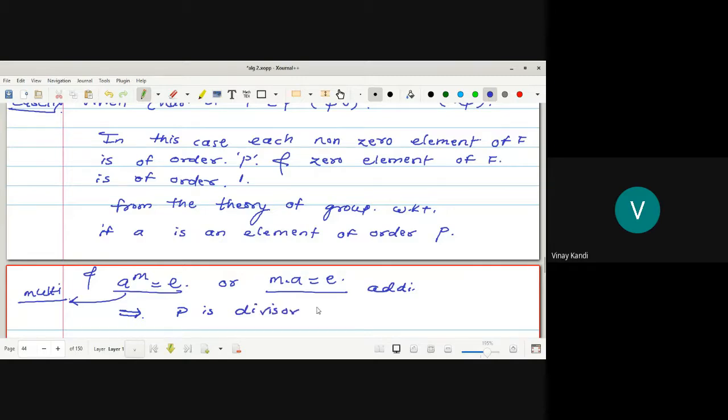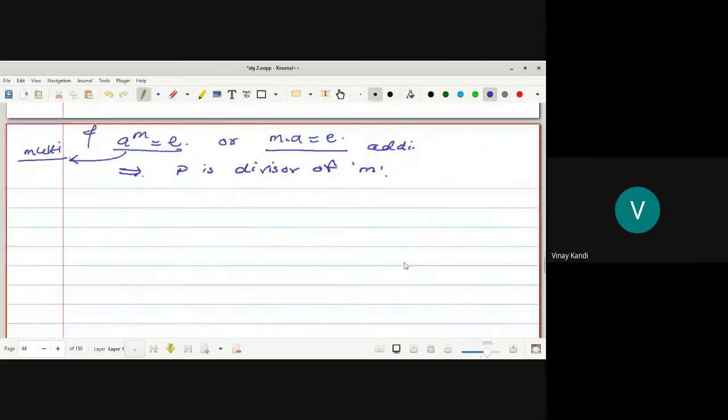Is it correct? Okay, for example, 0, 1, 2, 3, 4. What is the order of 0? It is 1. What is the order of the others? 5, 5, 5, 5. Here, p is the order of each non-zero element.